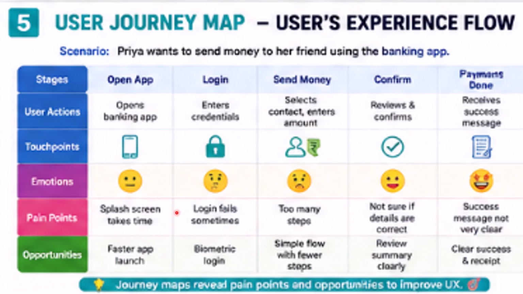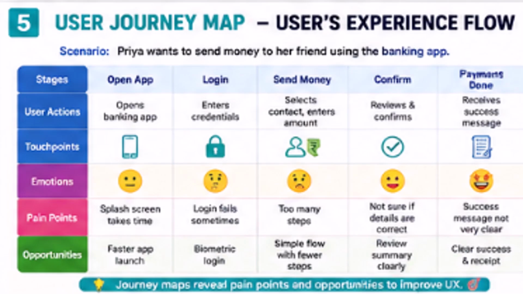At each stage, researchers analyze user actions, emotions, pain points, and opportunities for improvement. Journey maps help teams understand the complete user experience from beginning to end.